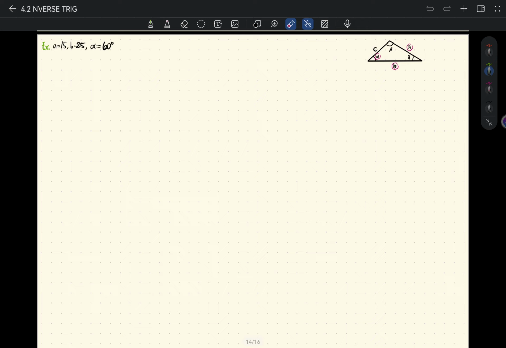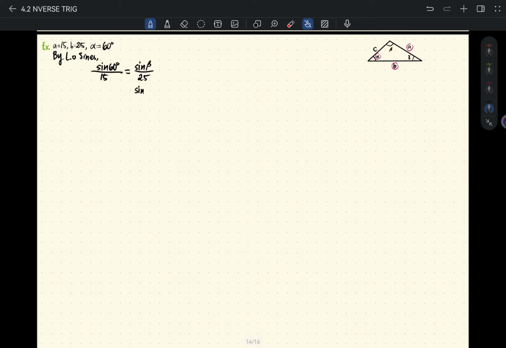So you have A, alpha, B, and beta right here. So as you can see, since this one is given, we can use law of sines to obtain beta. So by law of sines, we have sine of alpha, so that's sine of 60 degrees over A, so that's over 15, equals sine of beta over B, that's 25.